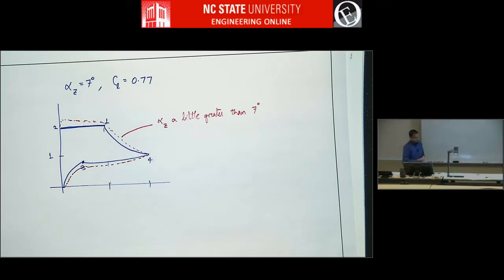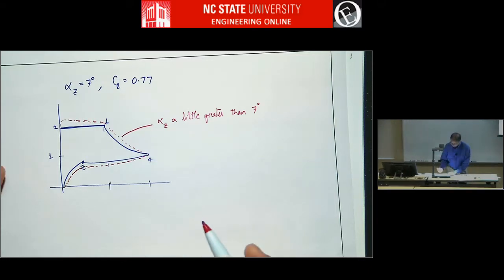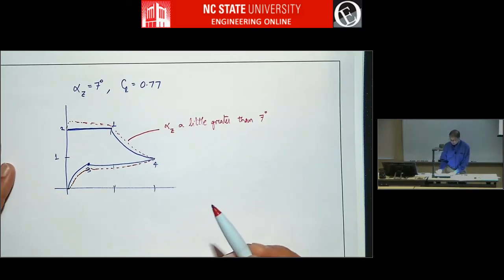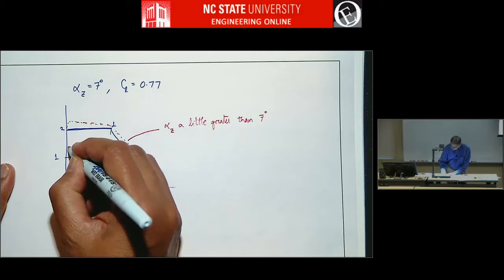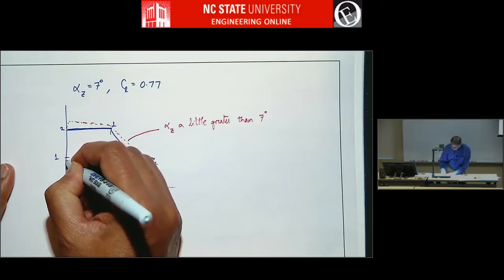Okay, now I'll use a thick red line to say what will happen if you have alpha z little less than 7 degrees. It will be favorable, right? So it will look something like this.